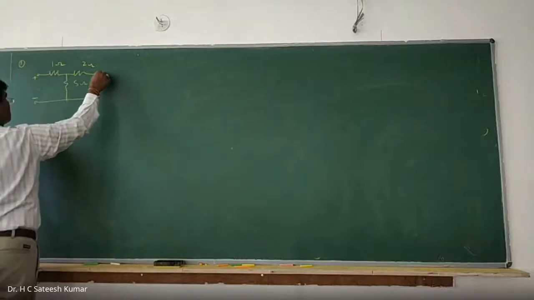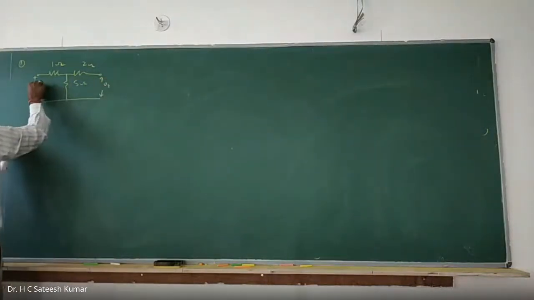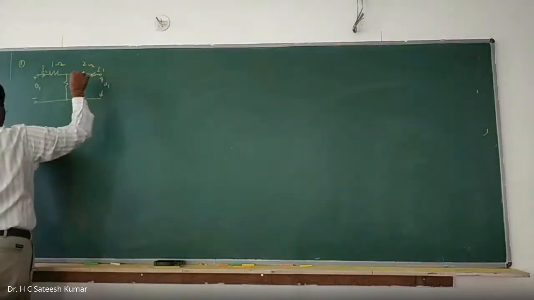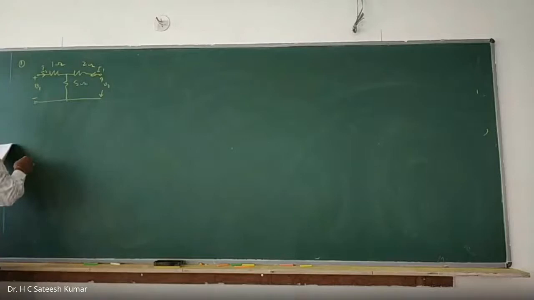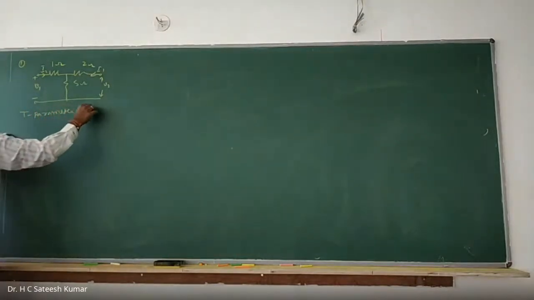And this is V2, this is V1, this is I1. The direction and all will not change. Okay, right. Find the transmission parameter, that means the T parameter. Another name for the T parameter is general parameters.